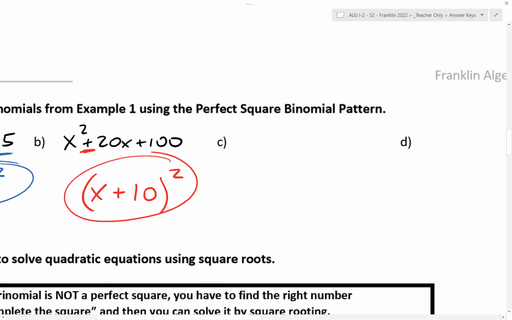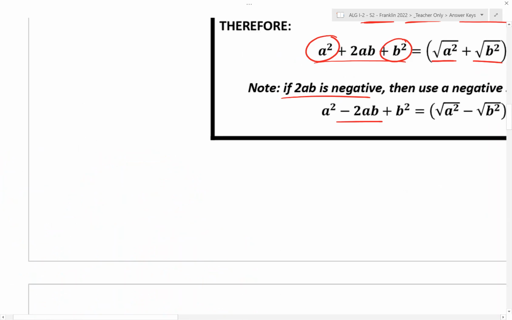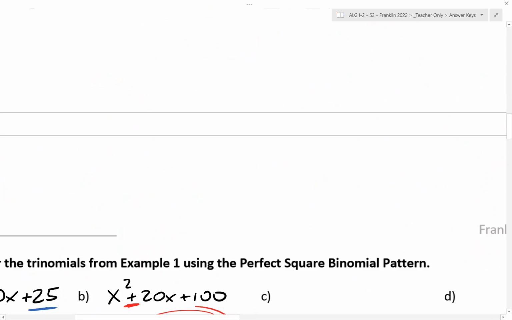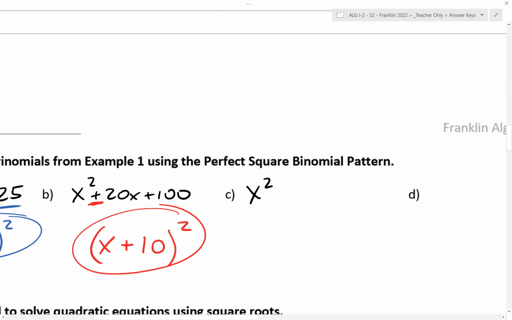So we can use all the information we already know about how to factor a trinomial to take this shortcut. We're skipping all the work because we can use the pattern to predict what the answer will be. Example C was x squared minus 14x plus 49.